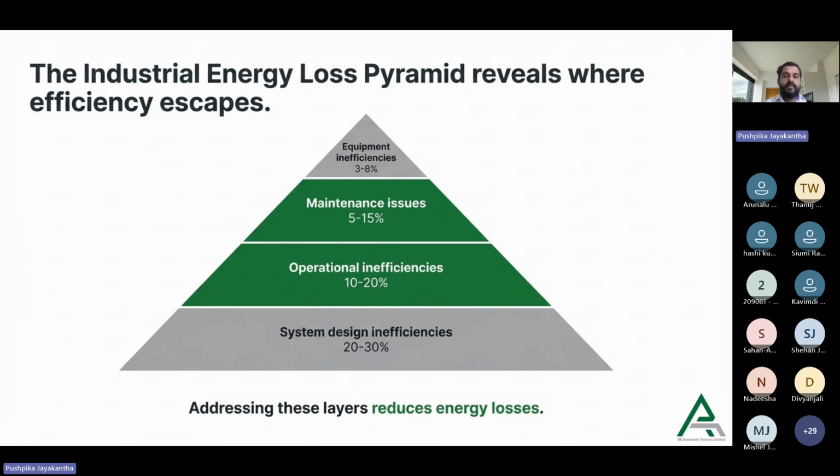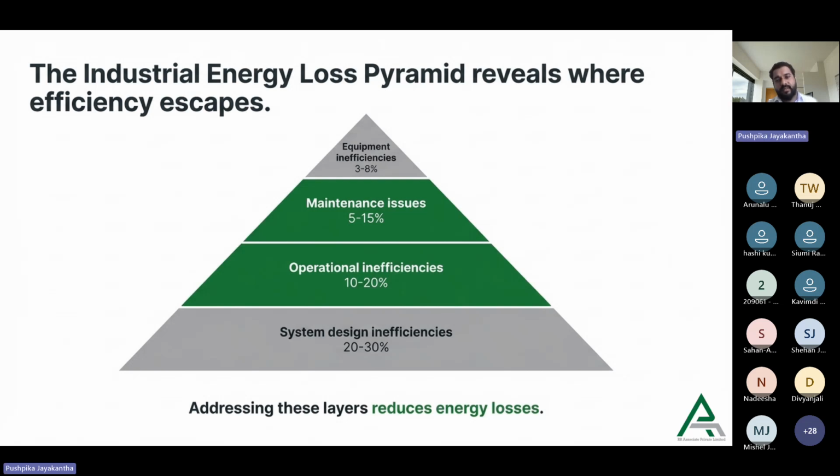So this is what we call the energy loss pyramid. It is a conceptual framework used in industrial energy management to illustrate the different levels of energy inefficiencies within a facility and their relative impact on overall energy consumption.